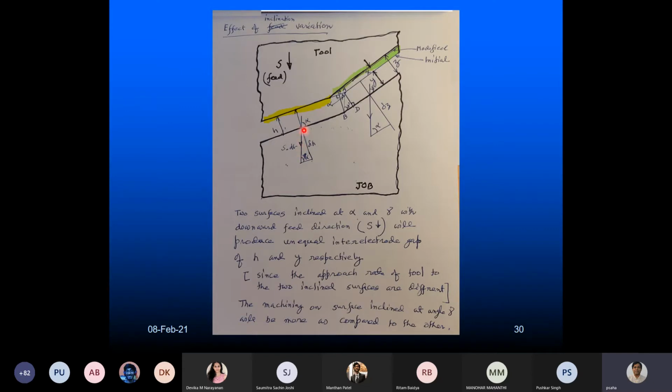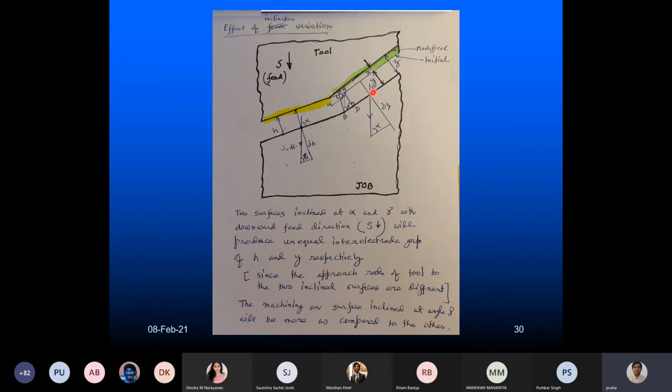How much is this moving in the vertical direction? It is feed rate into dt. So this component is S into dt. Okay, this angle is alpha. So this distance is how much? This will be dh, the actual machining on this surface. Gradually this is an inclined surface. This is dh, delta h, whatever you call it.